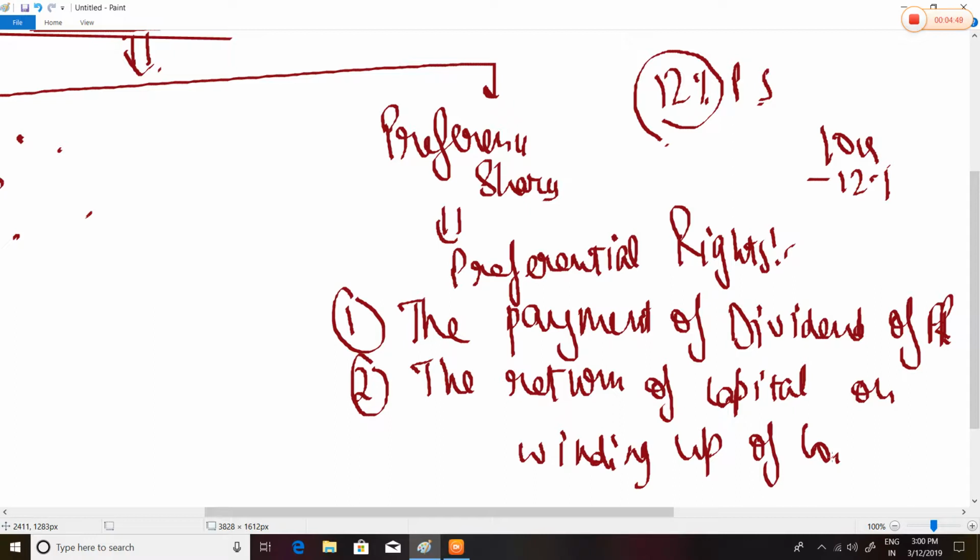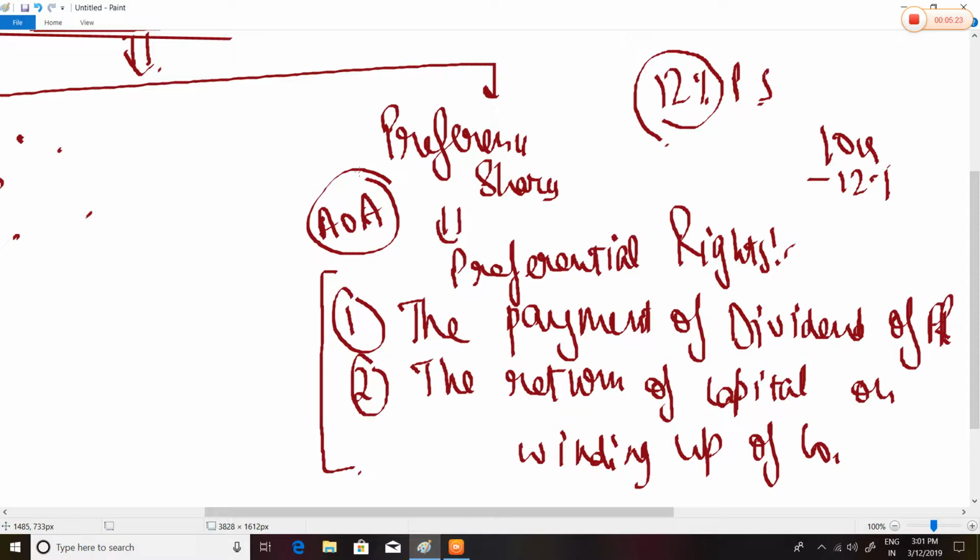Both the rights must exist in order to call the shares preference shares. These rights are conferred by the articles of association of the company. I hope you got it.